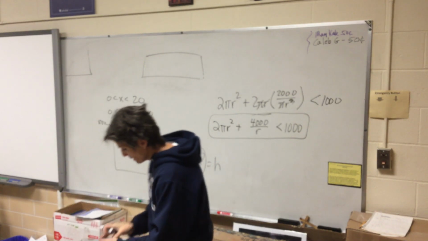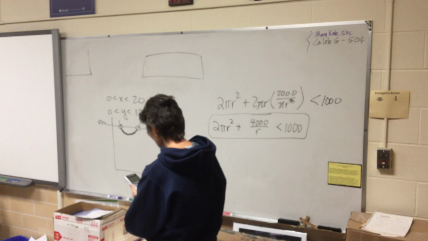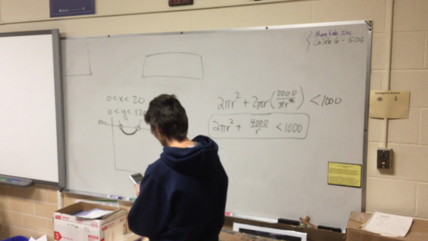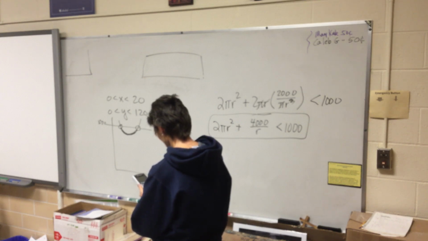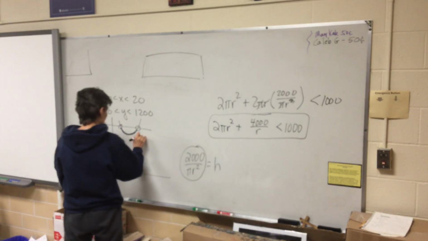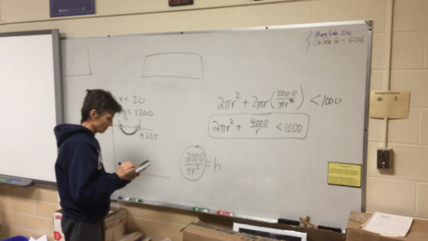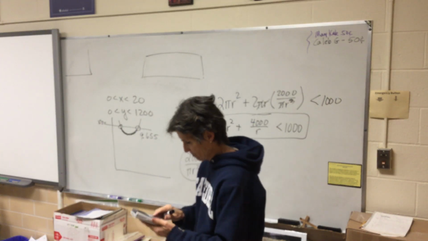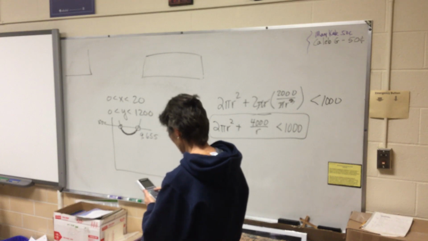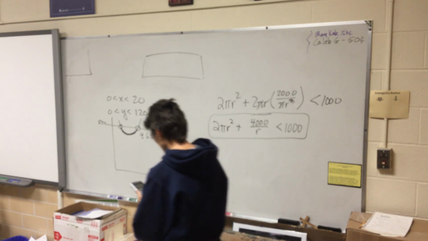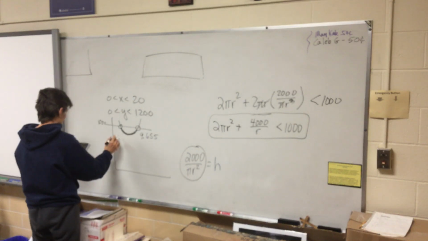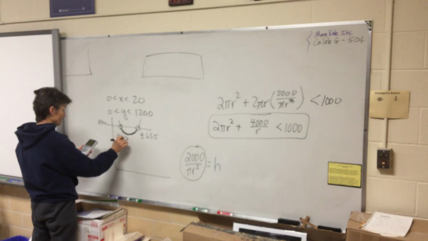So let's find those points, just like we did before, second calc intersect. This one is 9.655. And the other one is 4.619.